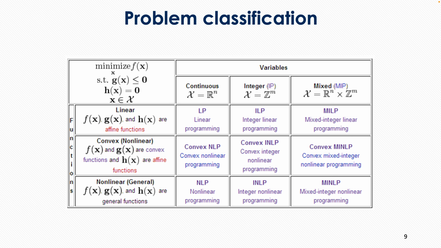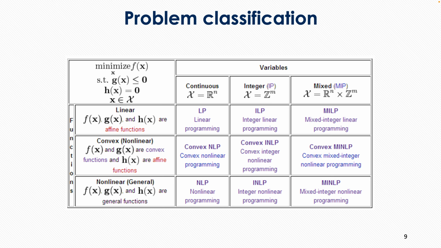So to give more complexity to optimization, this is an additional breakdown of classifications. We talked about whether you have specific types of constraints: equality constraint, inequality constraint, or the general constraint optimization, which has both.